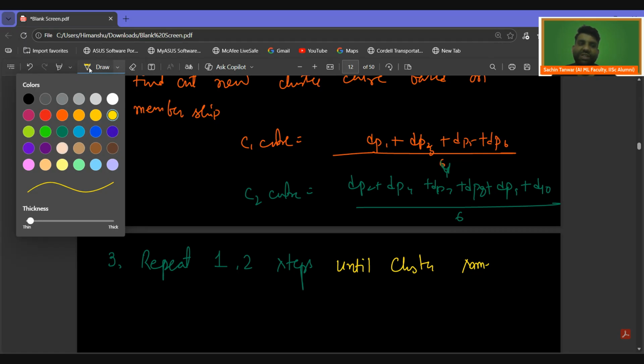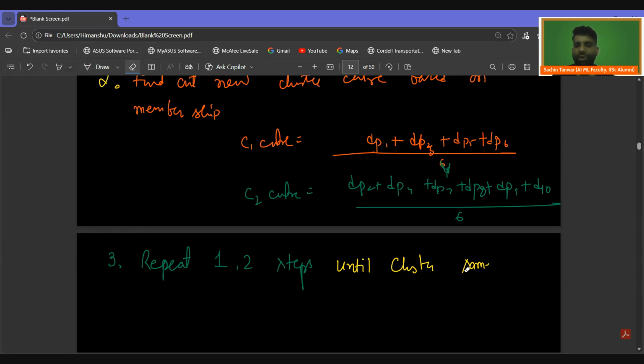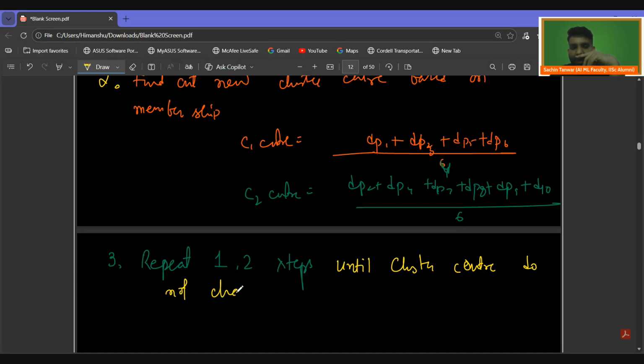So if it is changing, keep doing it. If you have reached a point where the cluster centers are not changing, then we stop. And that is the algorithm for our K-means.